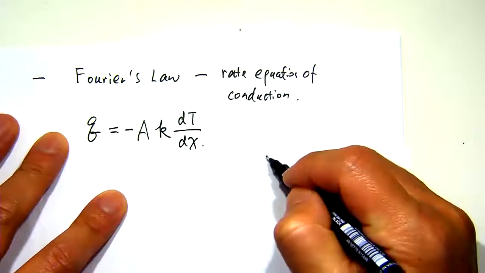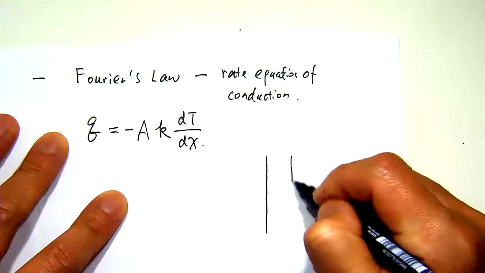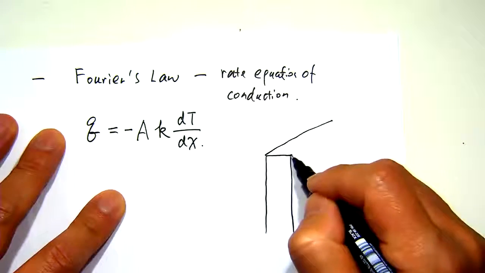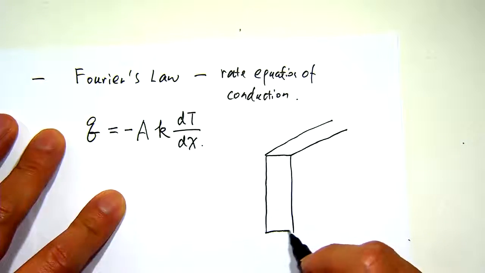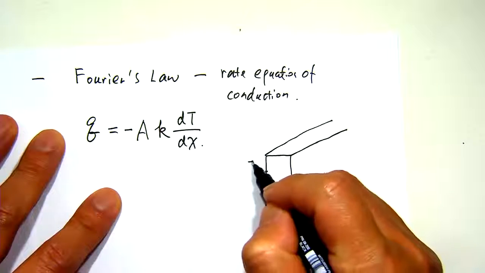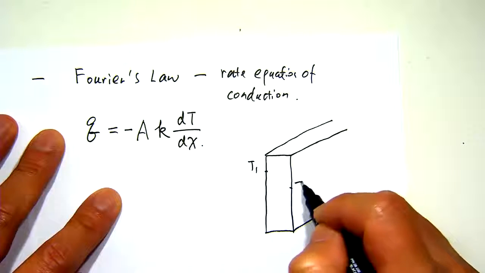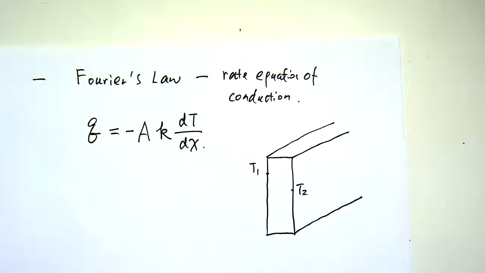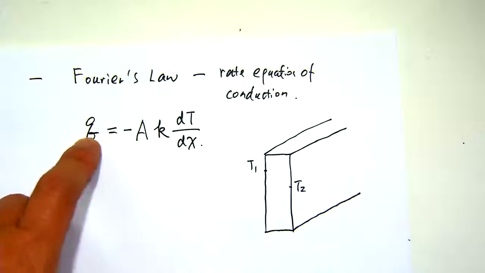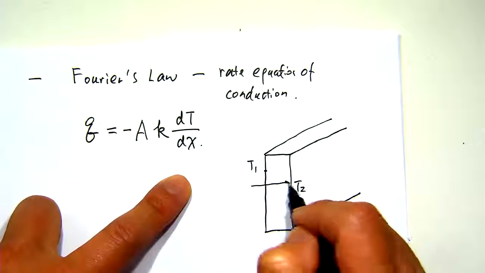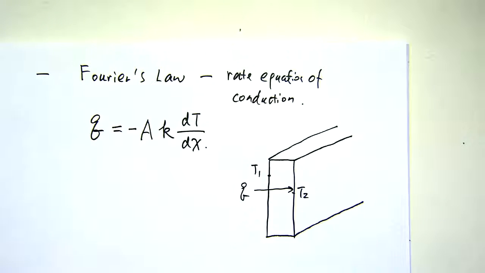So if we're looking at each of these terms, if we have the temperature there as T1 and the temperature there as T2, this law says that the heat transfer rate, which by nature is going this way there.